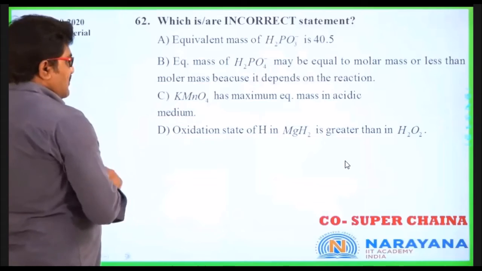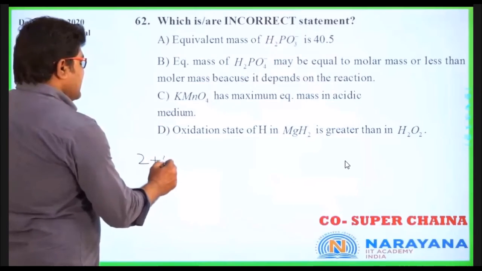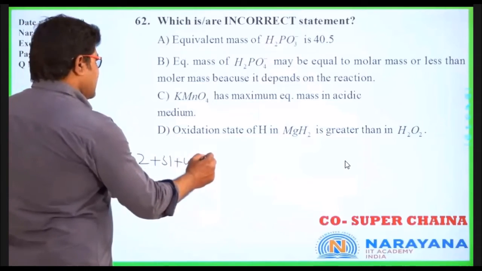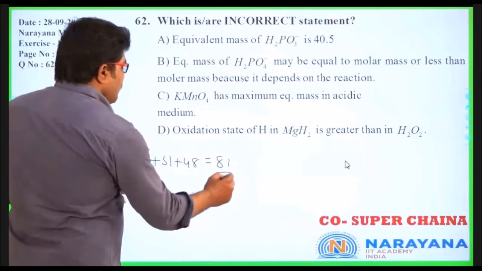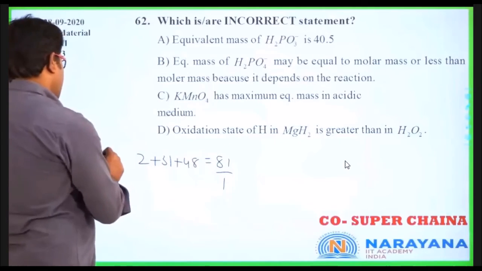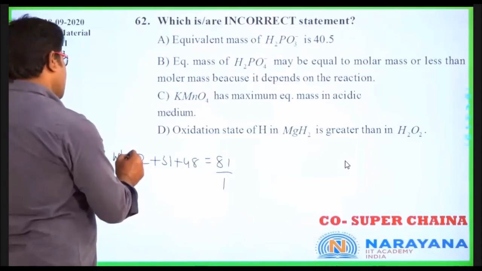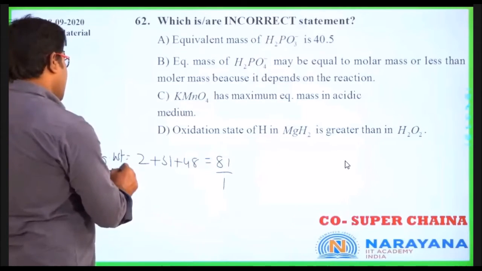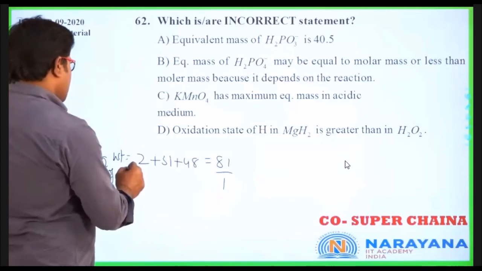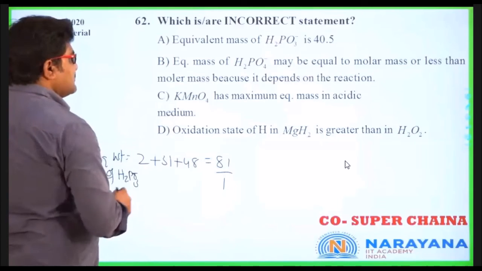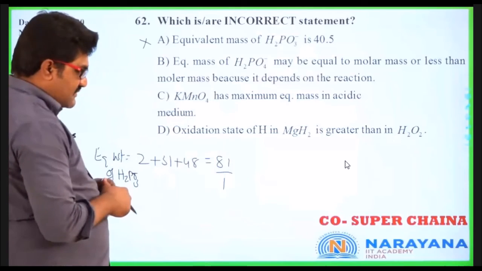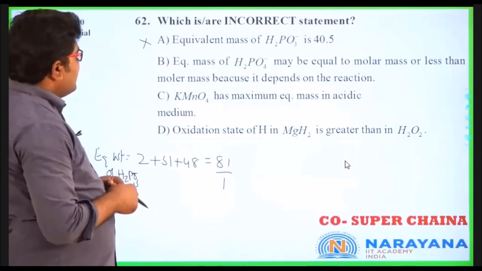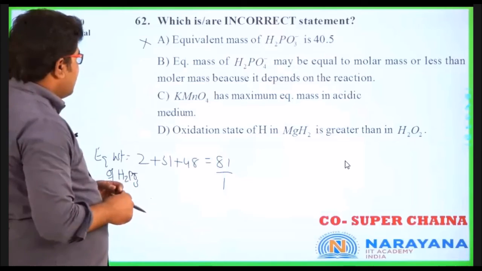So here 2 plus 31 plus 48, that is equal to 81 by 1 only. Equivalent weight of H2PO3 minus. So that is wrong. 62 is wrong. So incorrect statements as is asked here.